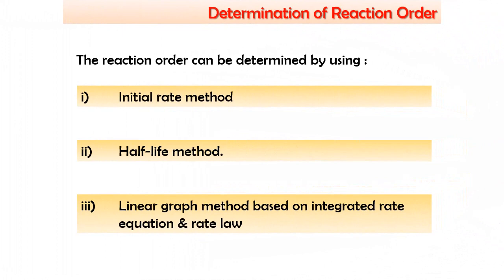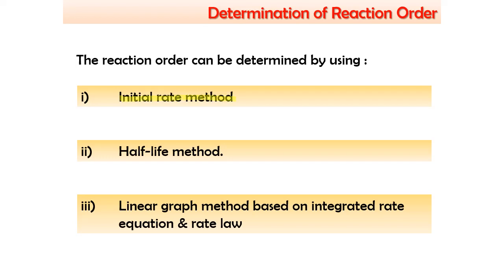In this video, I will discuss the extra exercise that I gave you the other day, and we will recap a few methods that I already taught you in previous lessons on how to determine the reaction order. So, the first one we have is the initial rate method.